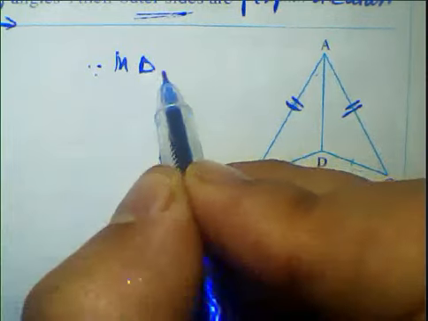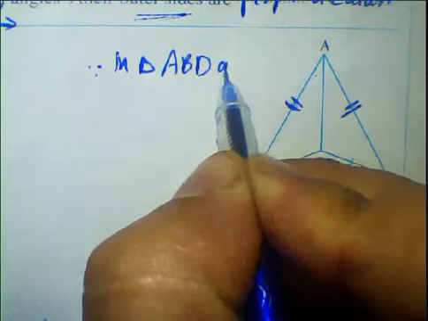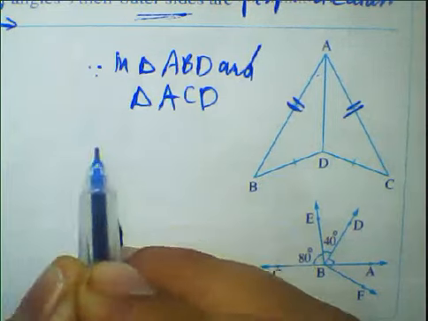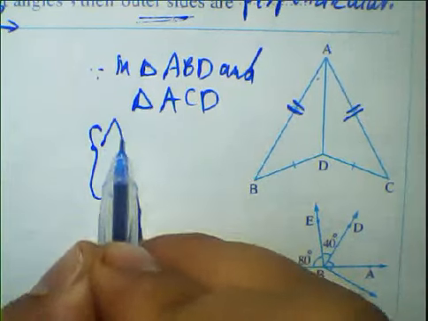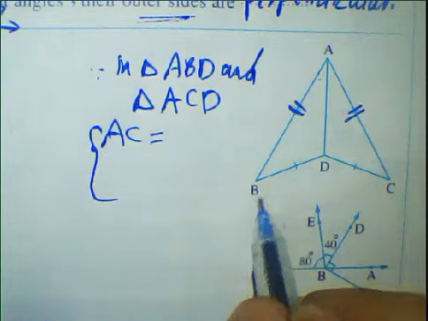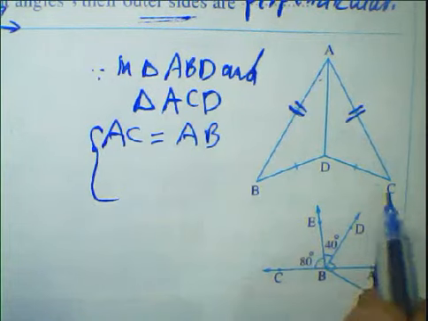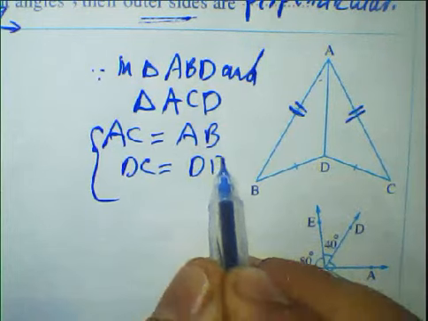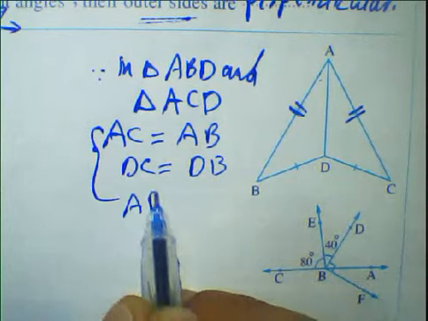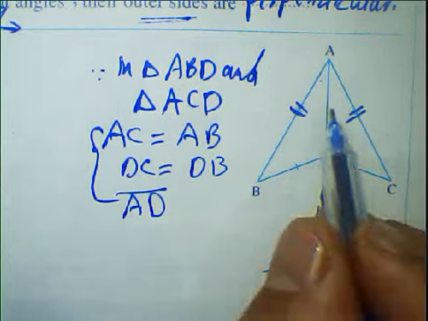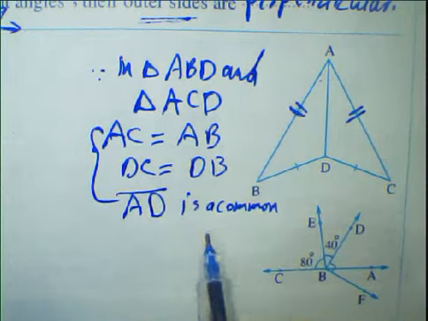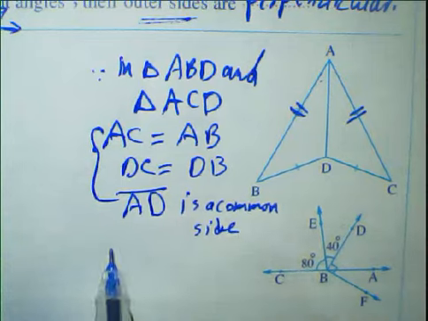Such that in triangle ABD and triangle ACD, we have AC equal to AB and DC equal to DB, and we have the line segment AD as a common side between them.